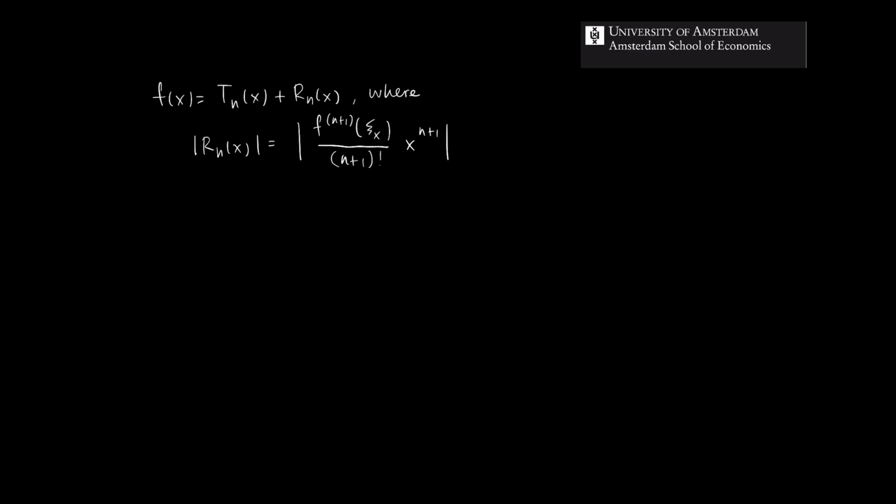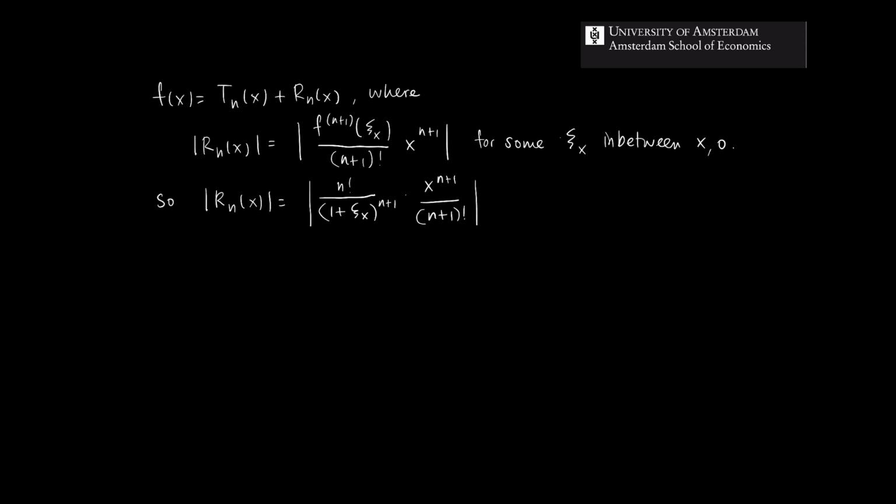But we can also easily calculate the (n+1)th derivative: n factorial divided by (1 plus psi(x)) to the power n plus 1. This is just the (n+1)th order derivative of the function we are considering, and we have to multiply it by x^(n+1) and divide it by (n+1) factorial.